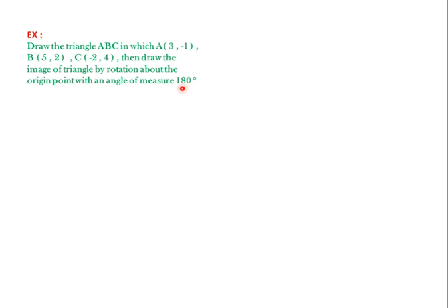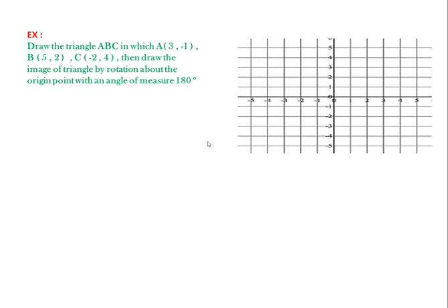At the first, we create the points A, B and C in the coordinate plane: A (3, -1), point B (5, 2), point C (-2, 4). Then join the 3 points to get the triangle.